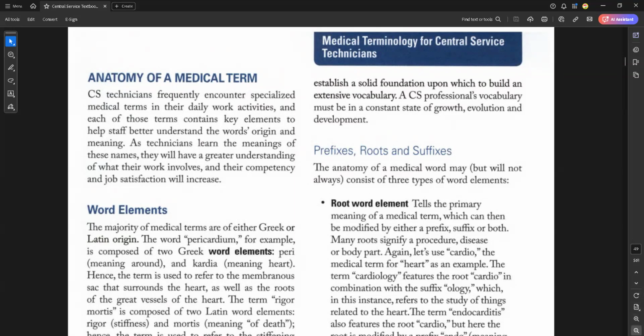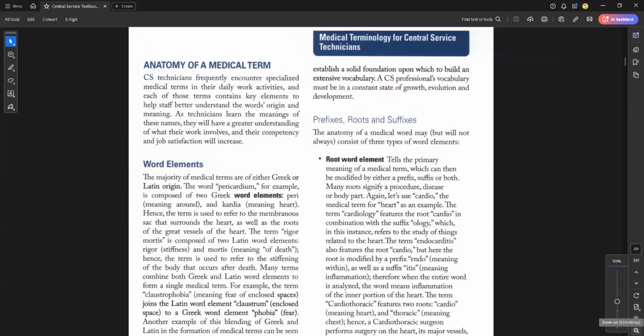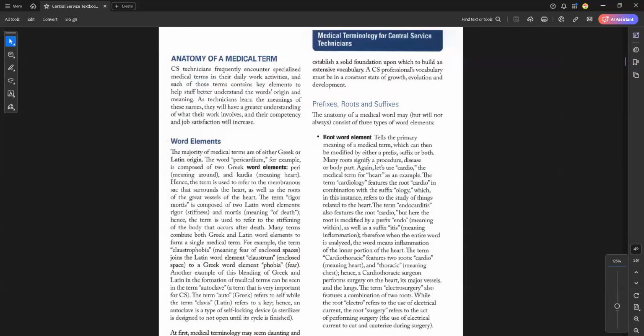Now, there are three, and we call them the prefix, roots, and the suffixes. Prefixes, roots, and suffixes.